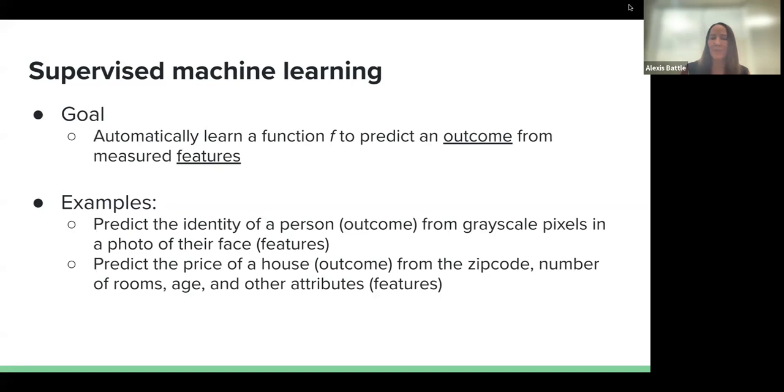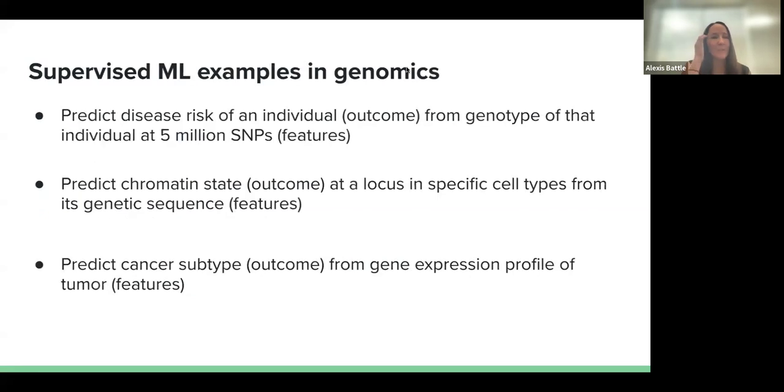So those are a couple of examples outside of genomics to build intuition. But here are some examples of supervised machine learning tasks in genomics. A classic example would be disease risk prediction. In this case, we'd like to predict whether an individual will develop a particular disease, so that's our outcome, from their genetic information.